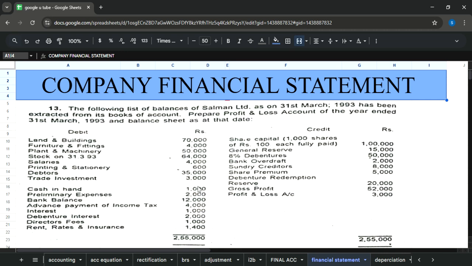Total of both columns is available, which means it's a trial balance. We will be in a little bit comfortable situation where assets and expenses are present on the left side, and liabilities and incomes are present on the right side. Both are segregated.